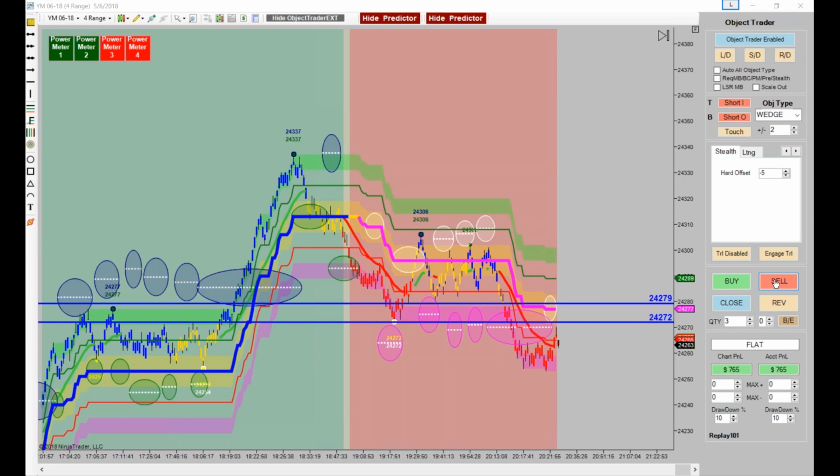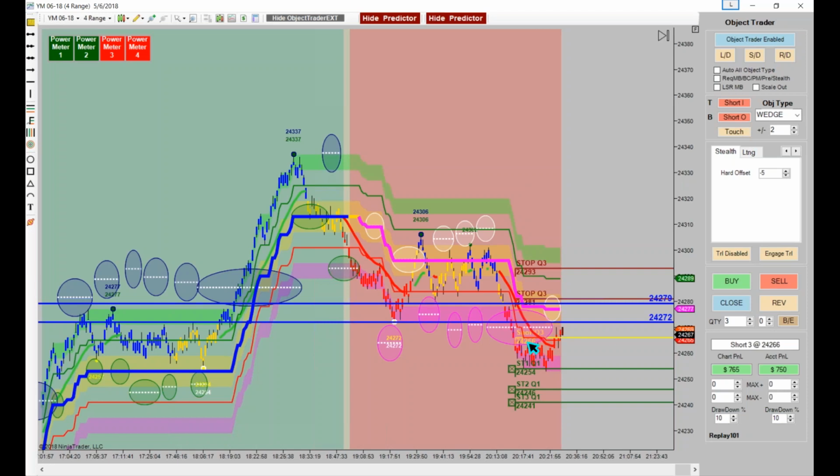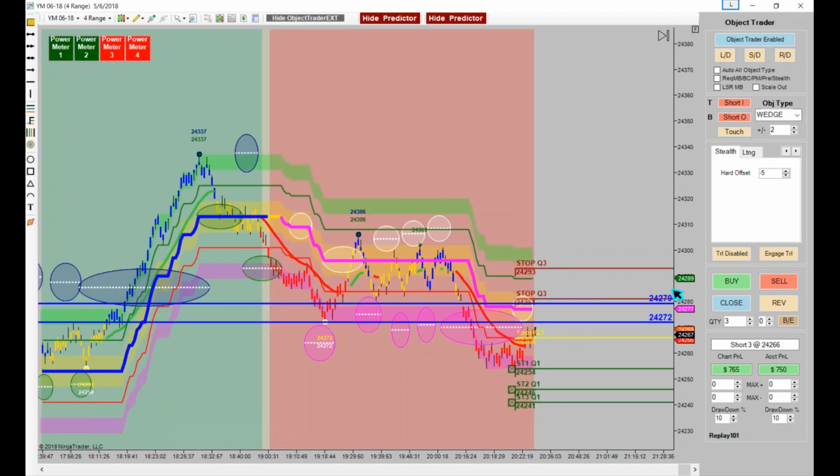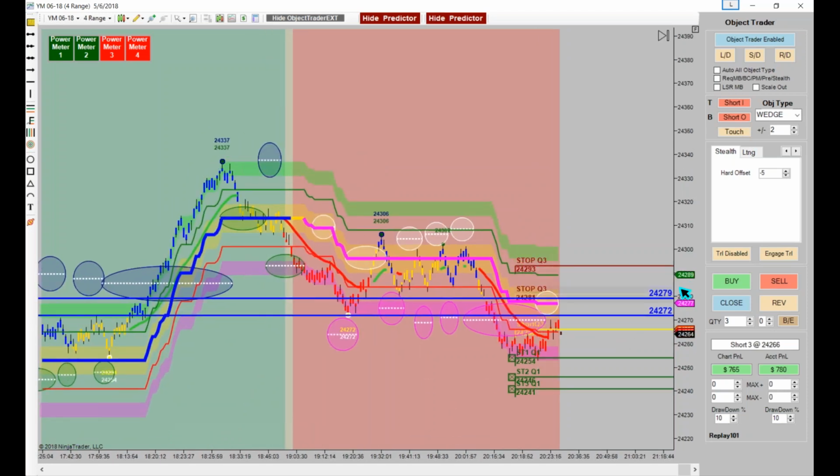I think I just missed it. Came so close. I'm going to go ahead and take it anyway if that bar touches that line or closes down. That's close enough. That bar really came close and then it tried to close, so I took it.